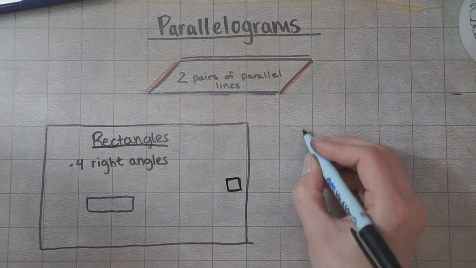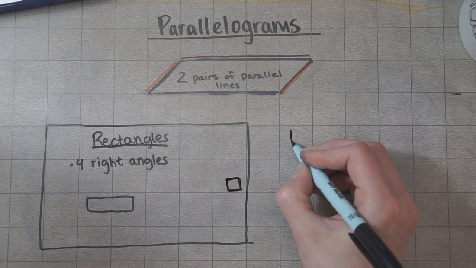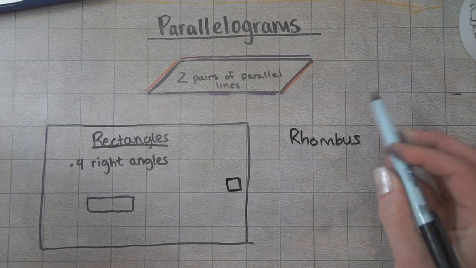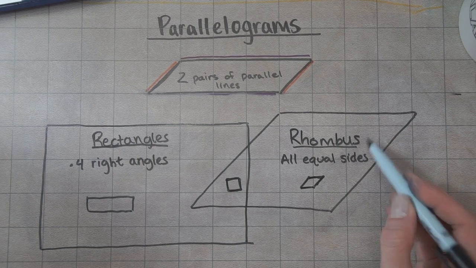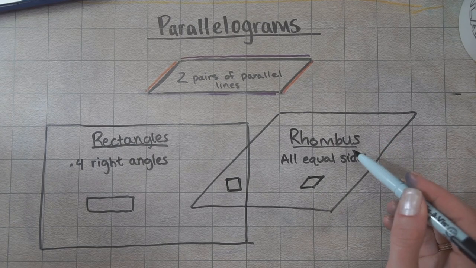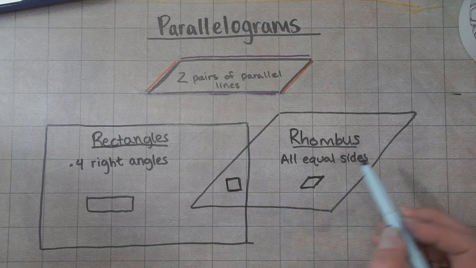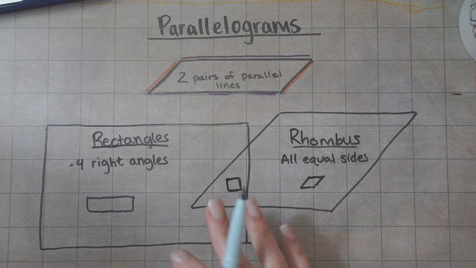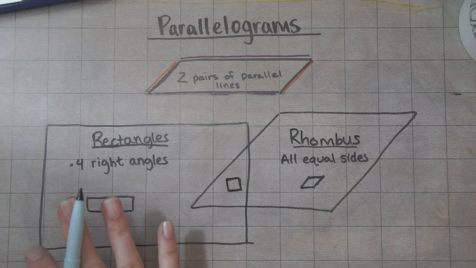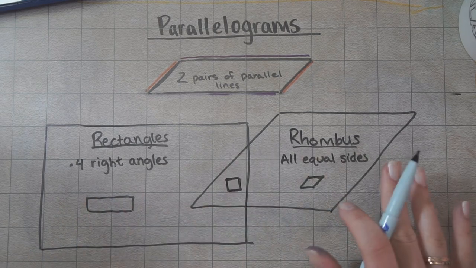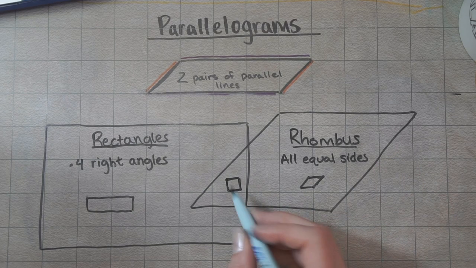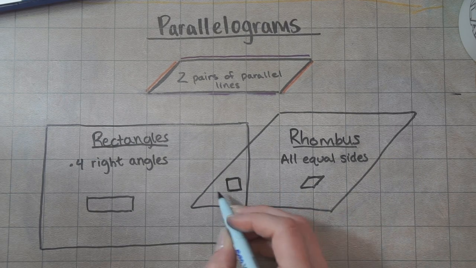Over here, we have the rhombus family. In the rhombus family, you don't always have 4 right angles, though sometimes you do, but you do have all equal sides. So we have the rectangle family, where there are 4 right angles, and the rhombus family, where all the sides are equal. Do you see how these two are overlapping?